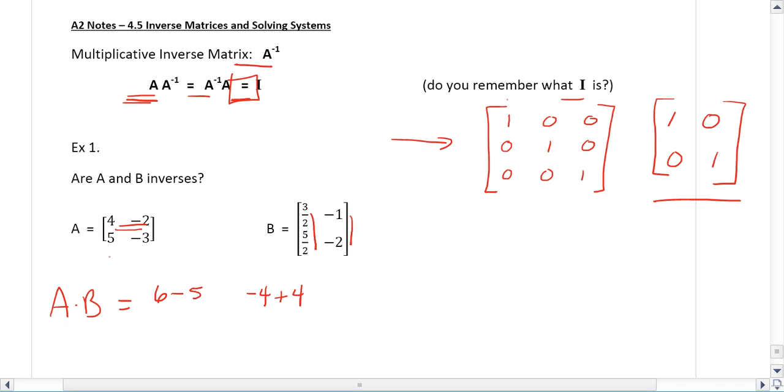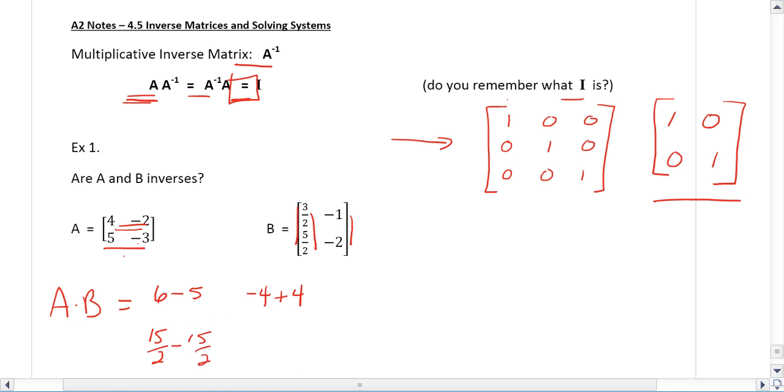Now for this bottom row, we take this row times the first column. 5 times 3 halves is 15 halves. And then negative 3 times 5 halves is negative 15 halves.